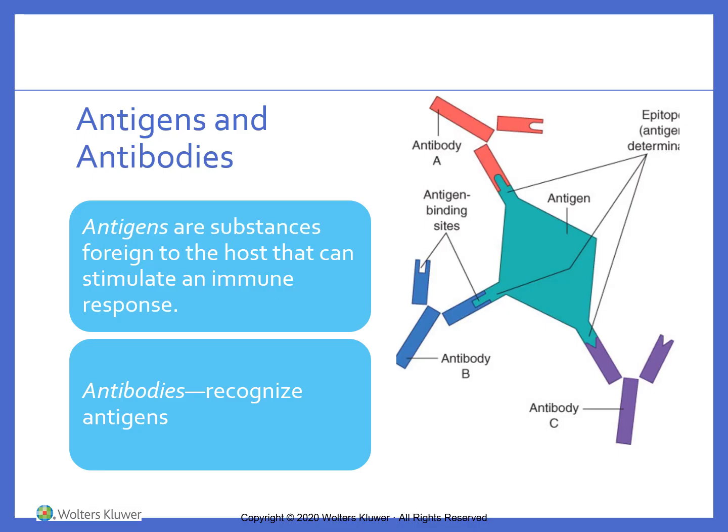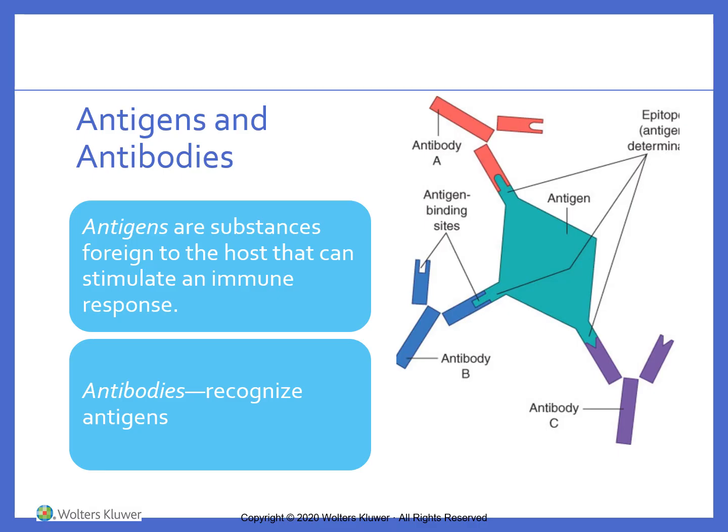So you can see here in the diagram, here's my antigen, that foreign substance. And on the surface of those antigens, we see these antigen determinant sites, or epitopes, displayed on the surface. You can see those here. They almost look like a little lock, right?